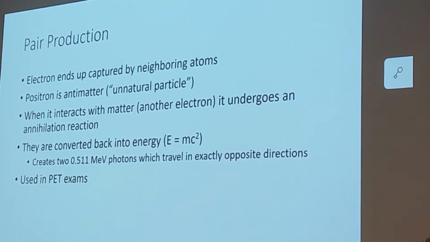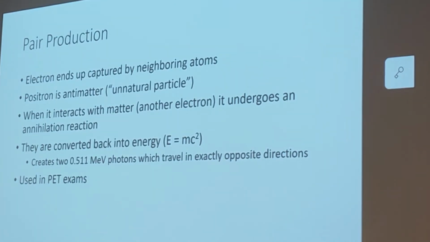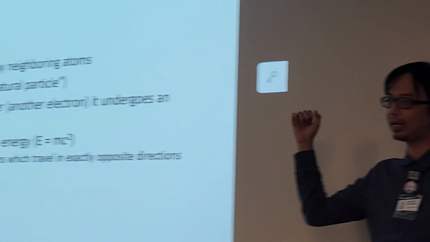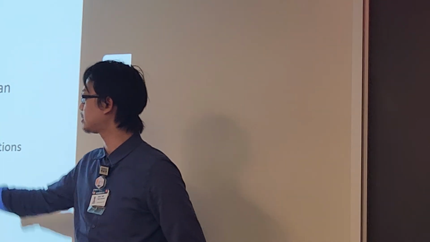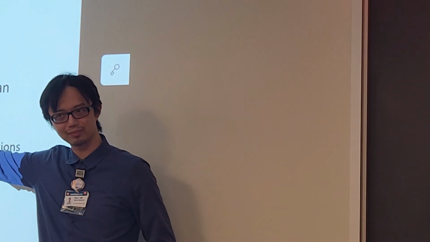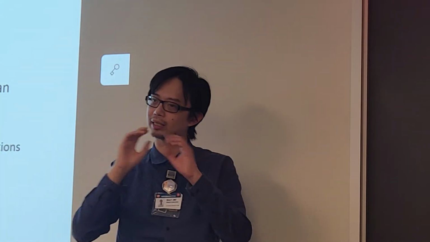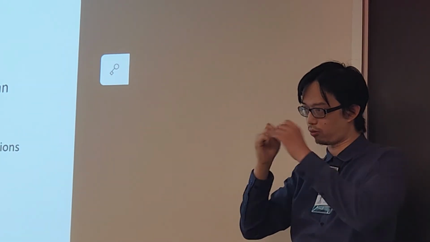So they both die off. When they encounter each other, they destroy each other. And what is that? Annihilation. So yes, when they encounter each other, they destroy each other through an annihilation reaction. But we can't just get rid of matter, right?